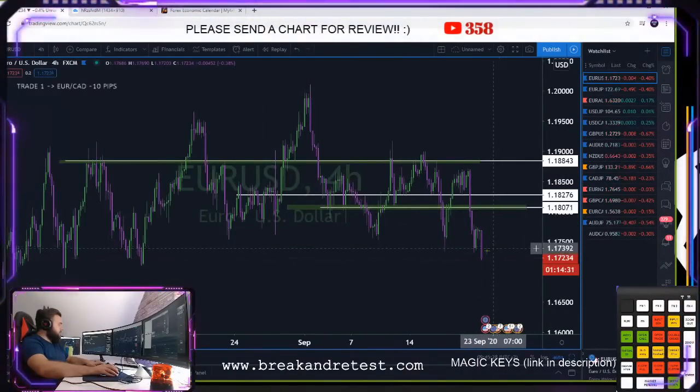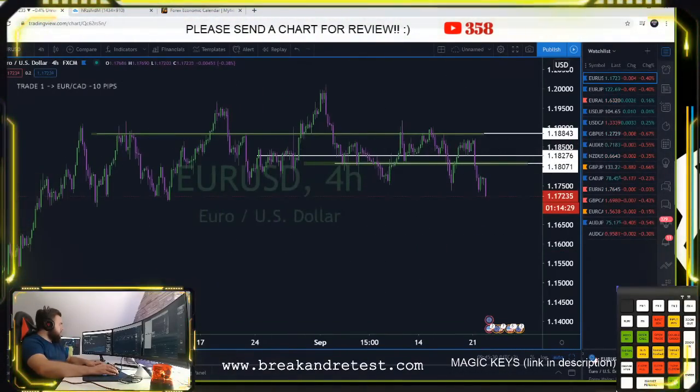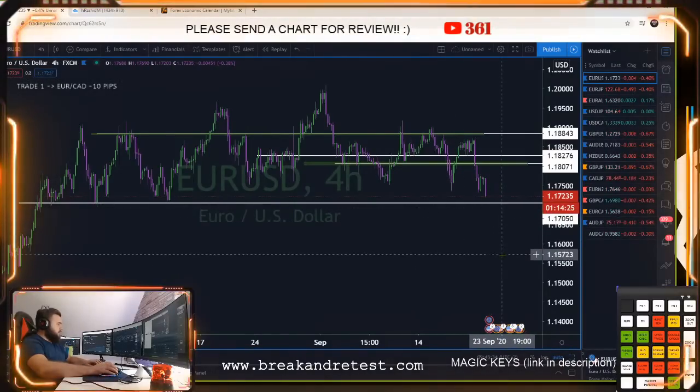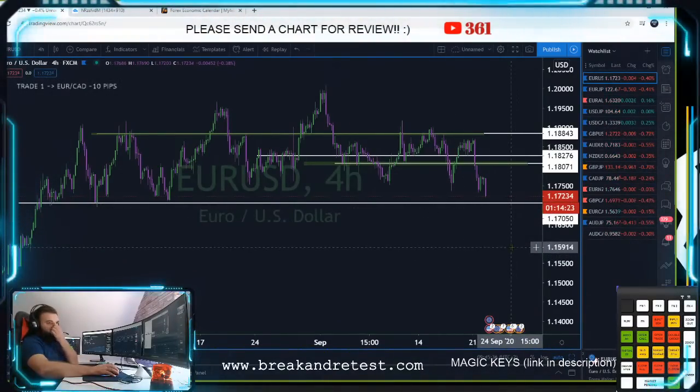We'll see what happens today. We need a clean break below the support here. And then we can finally think about some sells at Euro USD, clean break and retest.